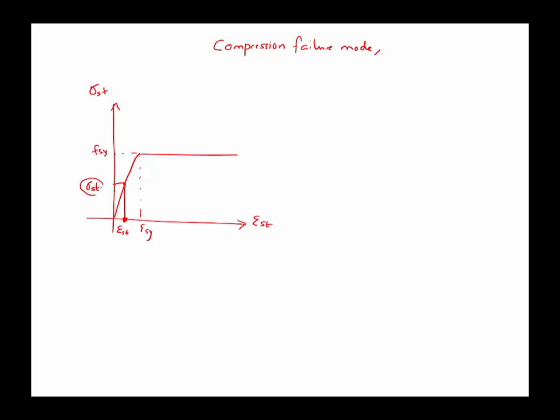So the stress in the steel is not equal to Fsy. In fact, sigma st is less than Fsy because steel hasn't yielded yet and epsilon st is less than epsilon sy. So that is the typical behavior of the compression failure mode.